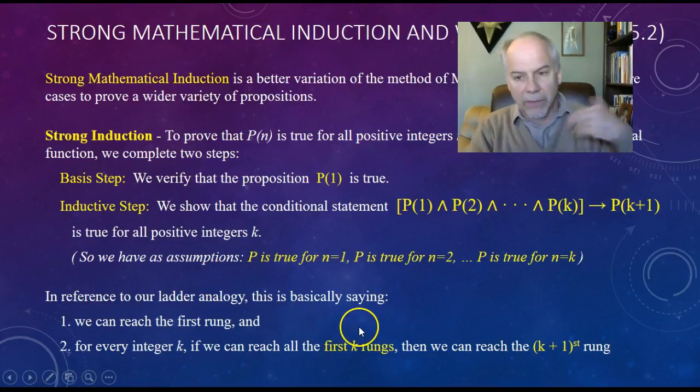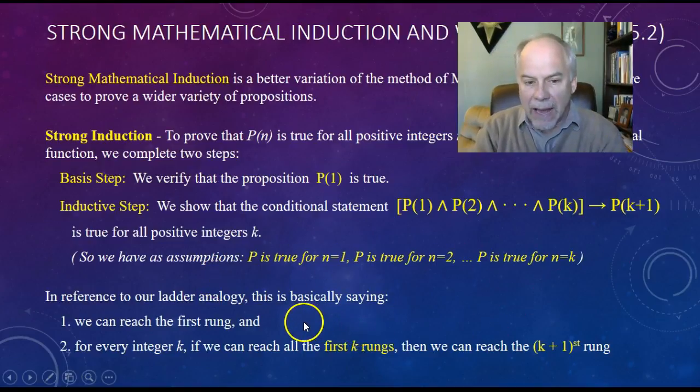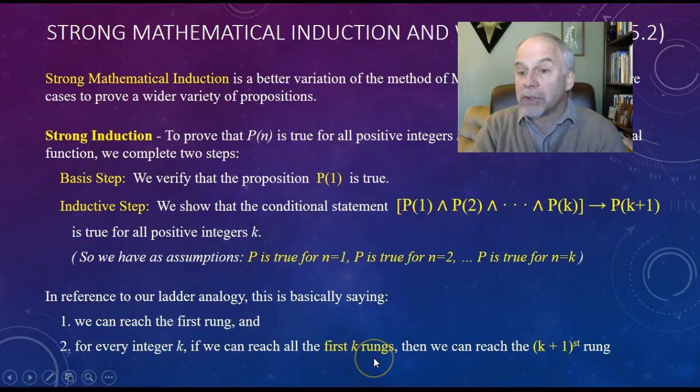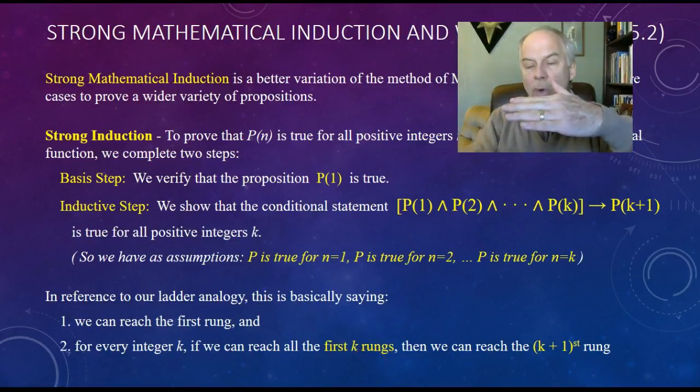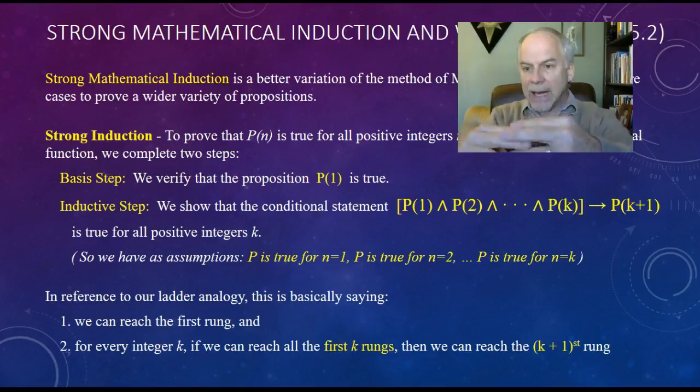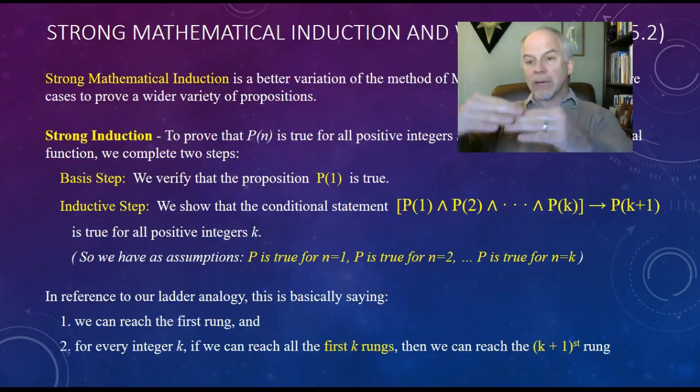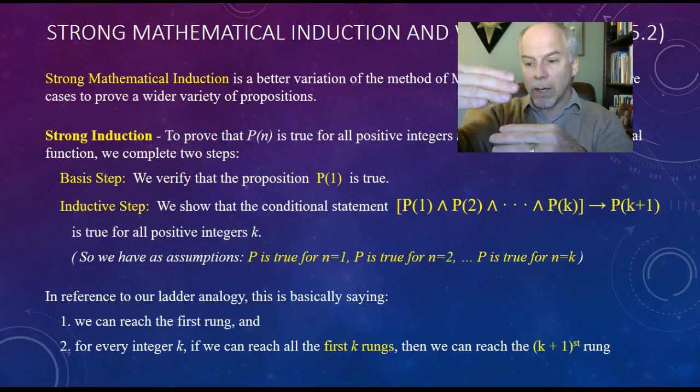So if you look at our ladder analogy, it's saying we can reach the first rung, and for every integer k, if we can reach all the first k rungs, in other words, all the rungs from k on down, then we can reach the k plus 1th rung.